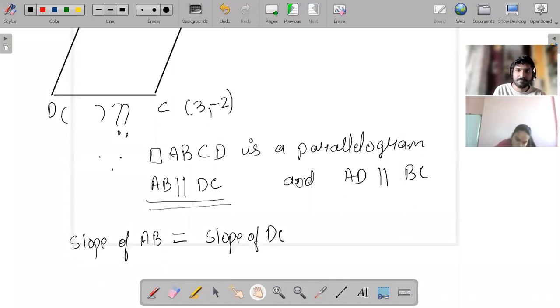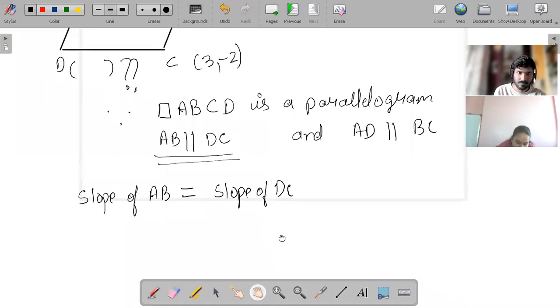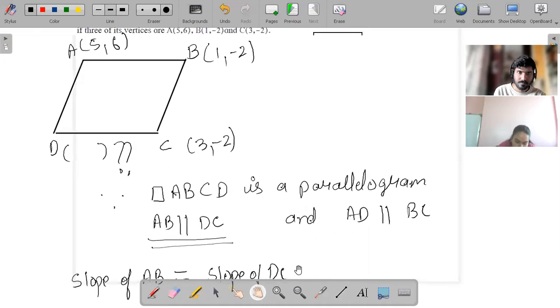Did you get it for AB? I'm still doing it. Is it 1? AB equals 1?